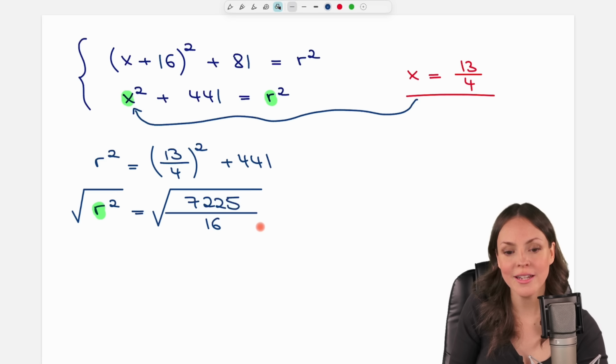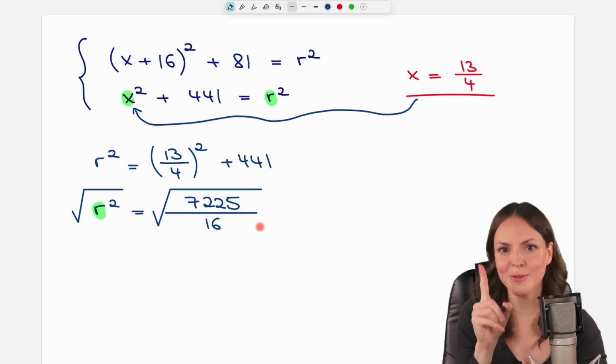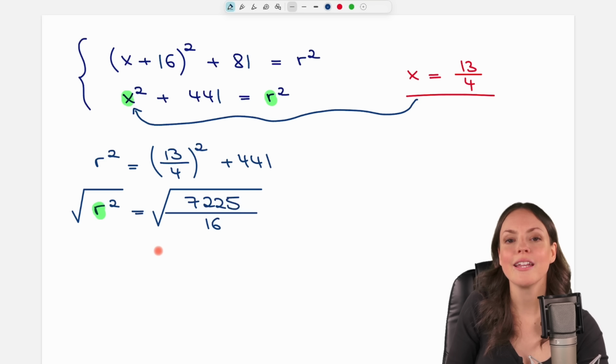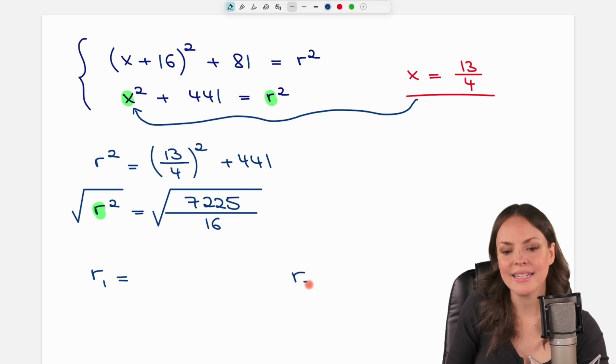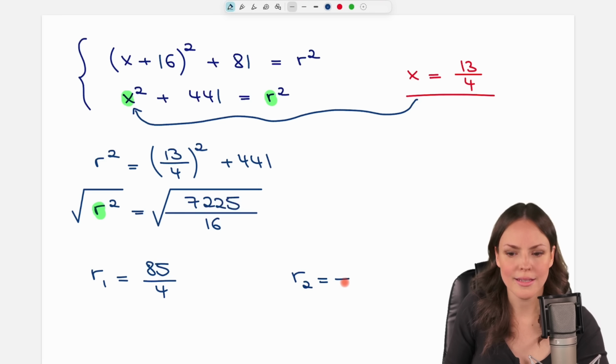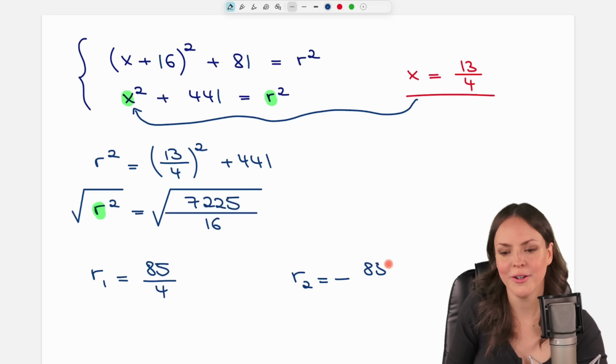This is r squared, but we need r, so we have to take the square root on both sides of the equation. But we have to be careful that every time we do that, we get two results for our variable here, a positive first result and a second negative result. The square root of this fraction is 85/4, and we still get this negative 85/4.